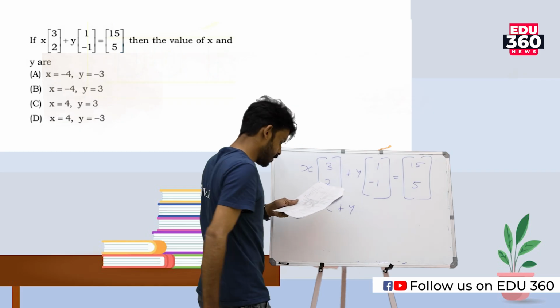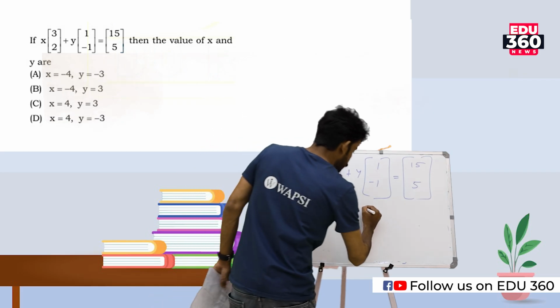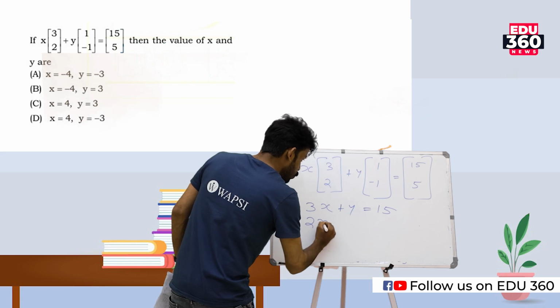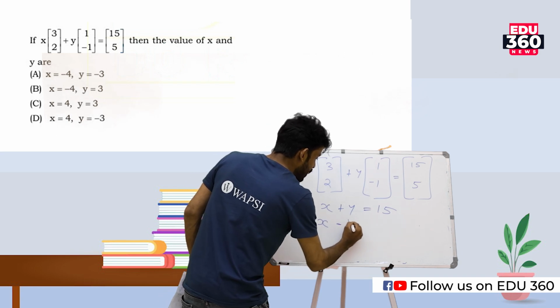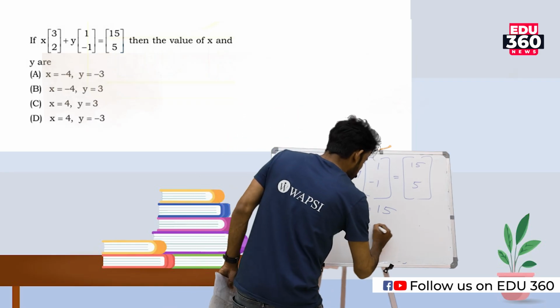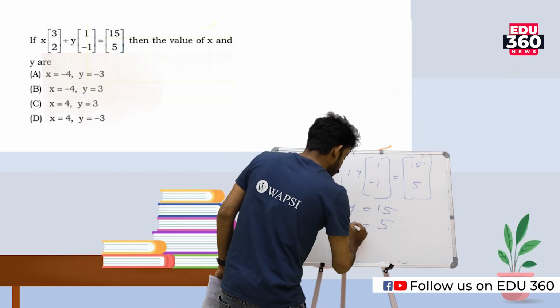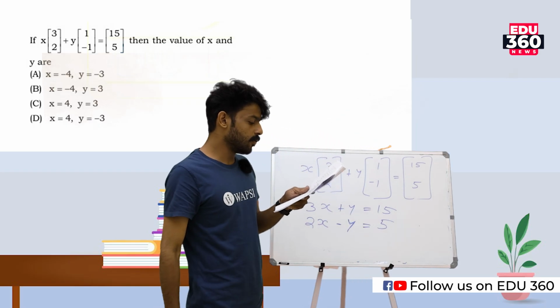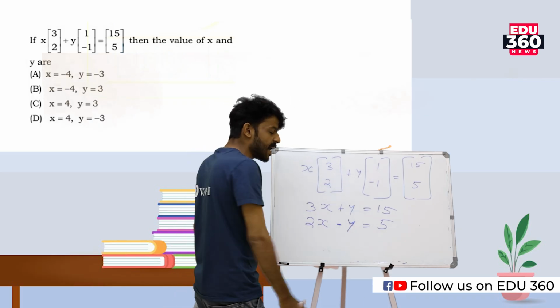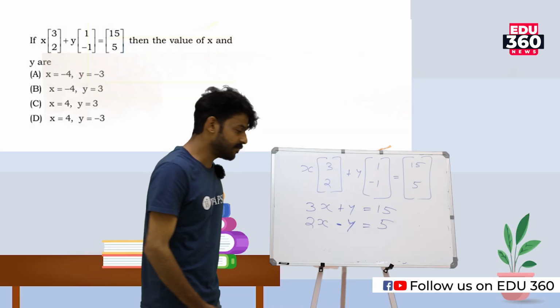Okay, so from this one we can write 3x plus y is equal to 15. And here 2x minus y equal to 5. So hereafter, just add these. If you add these, definitely we will get x.